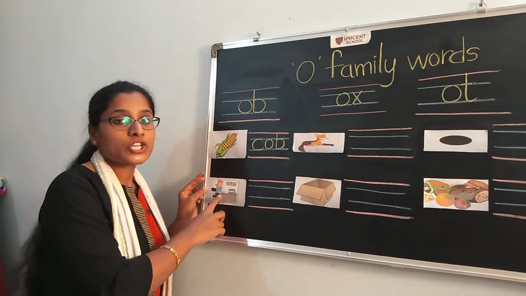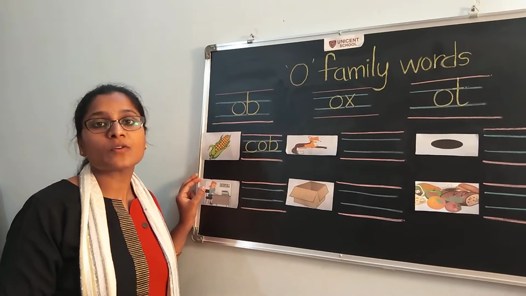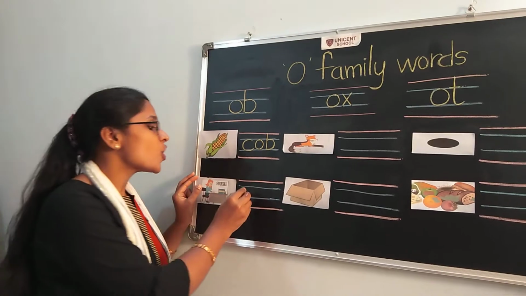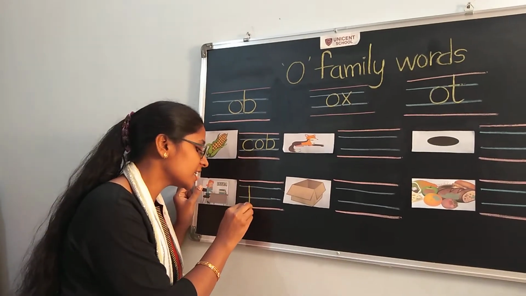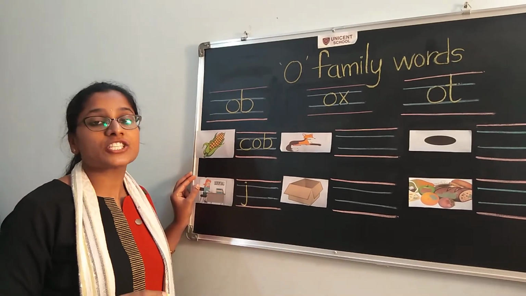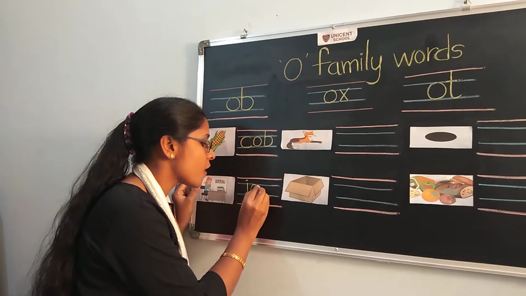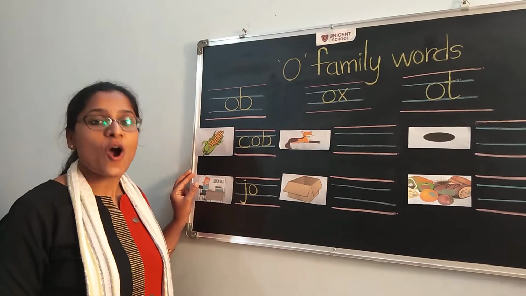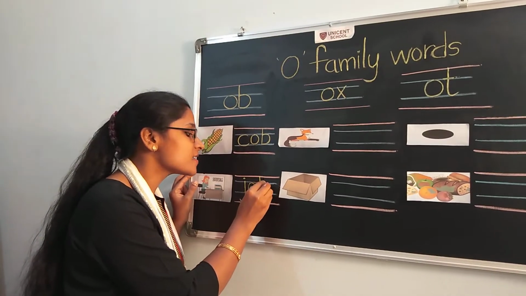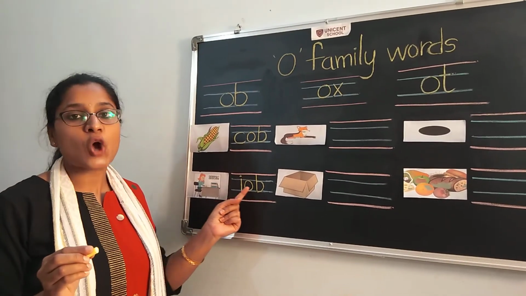The next picture is job. When you are saying the word job, the starting sound is J. So you have to write the starting letter J. J makes the sound J. Next is O. O makes the sound O. J, O, B. B makes the sound B. Job.